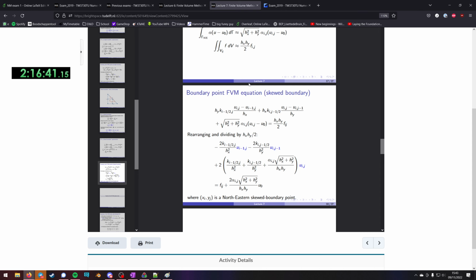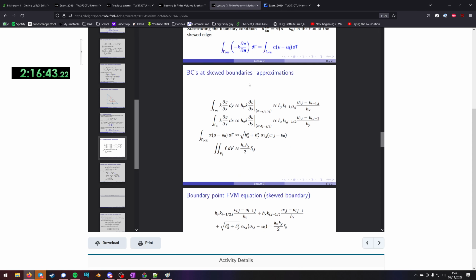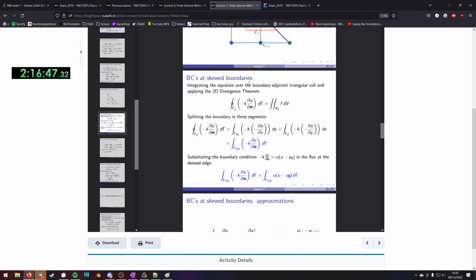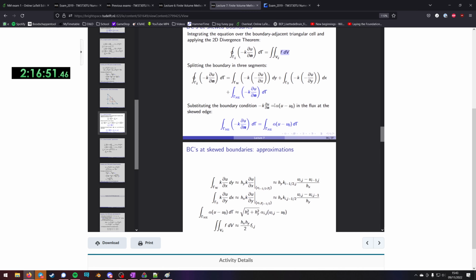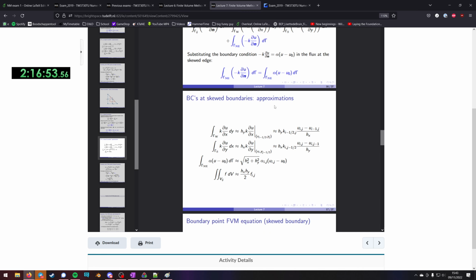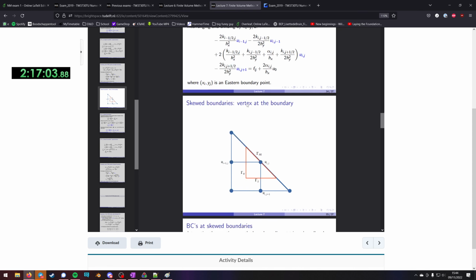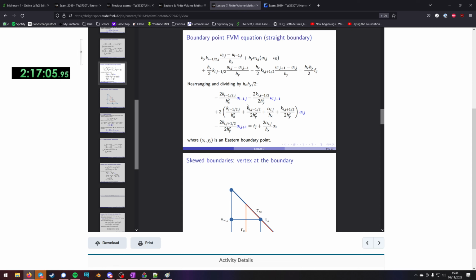So I guess the integral of f is approximated by... Because so far we haven't approximated the integral on the f side yet. So here they approximate the boundary conditions themselves. Here, f is approximated to hx hy over 2, which probably is explained somewhere, but I'm lazy.